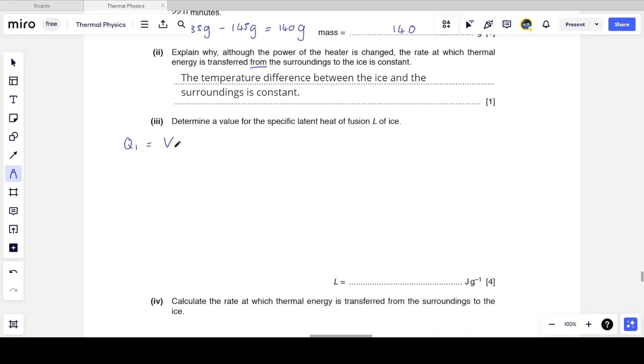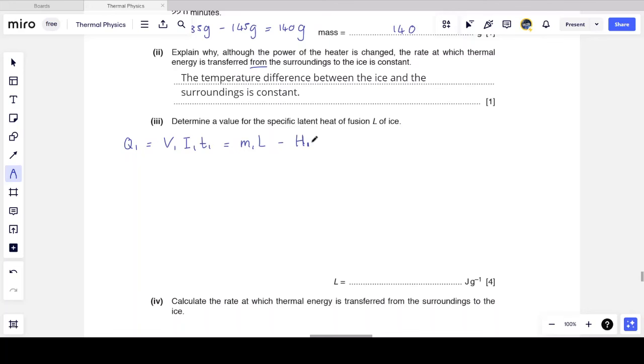The power for an electric heater is the voltage across the heater V1 times the current in the heater I1 times the time over which the energy is supplied T1, power times time. And from thermal physics, this is equal to the mass of ice melted times the latent heat of fusion for ice minus the heat loss or the heat gain from the surroundings.